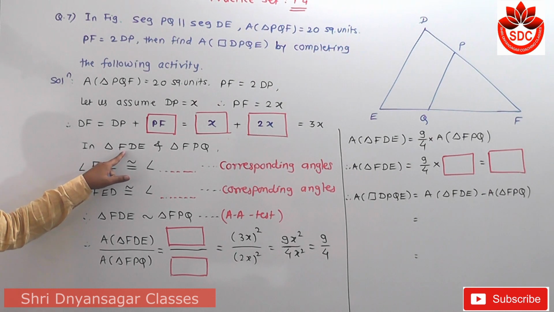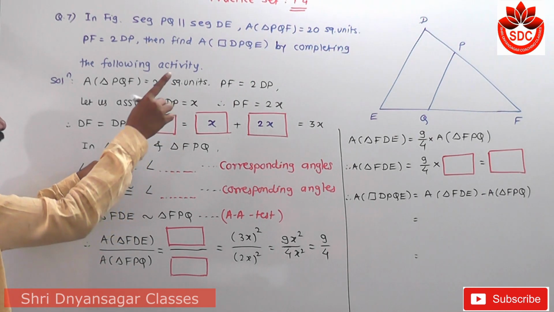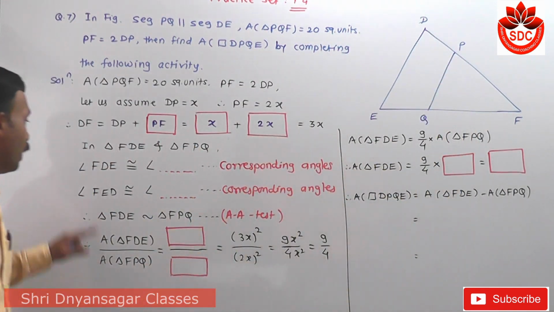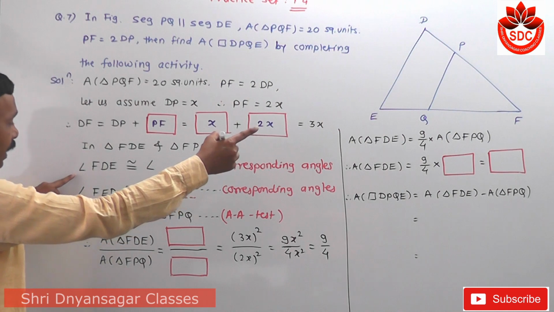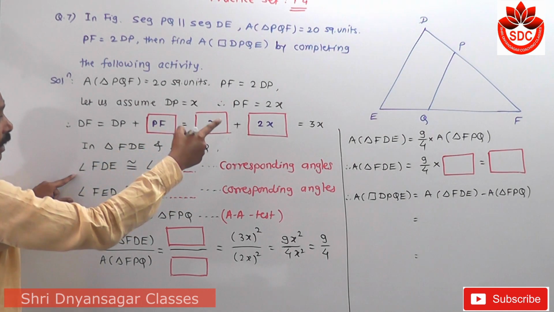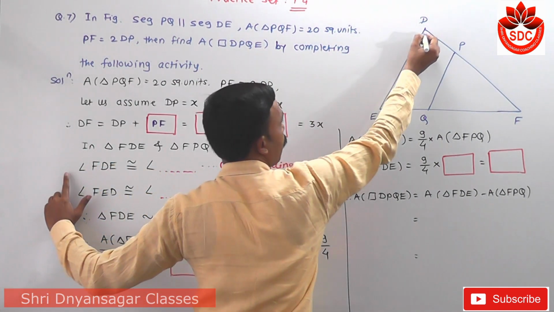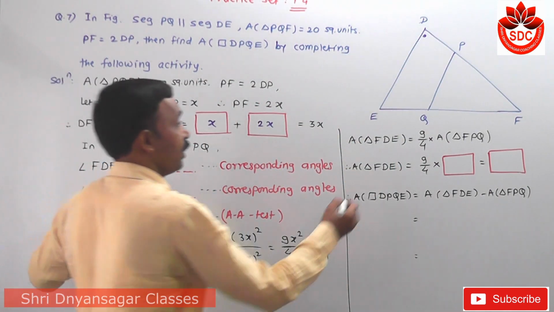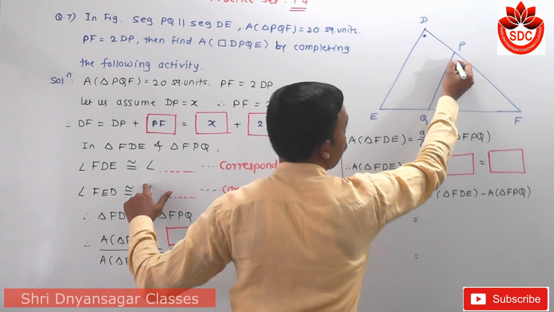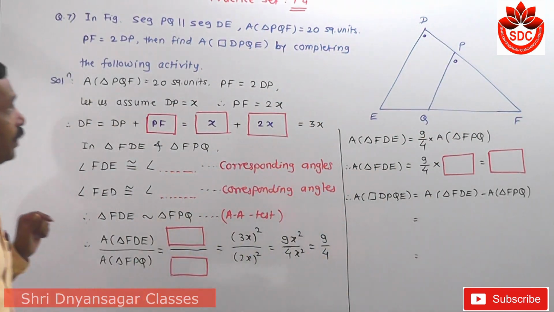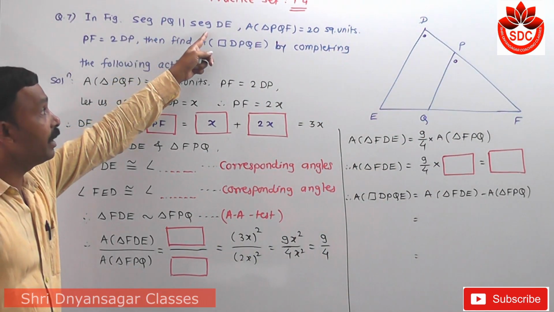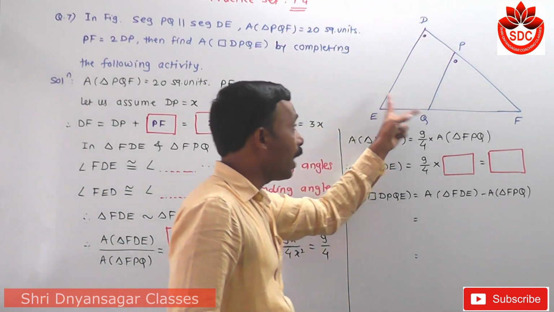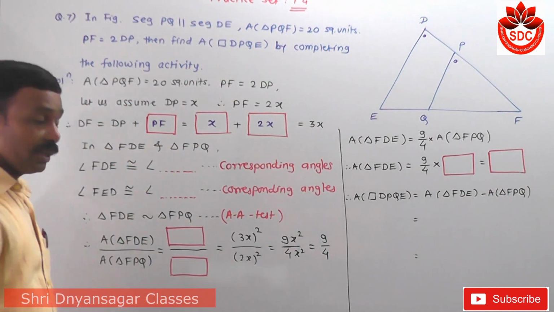Now, in triangles FDE and FPQ, look at this figure. First angle, angle FDE is congruent with angle FPQ because these two segments are parallel and these are corresponding angles of the two parallel lines, taking DF as the transversal.